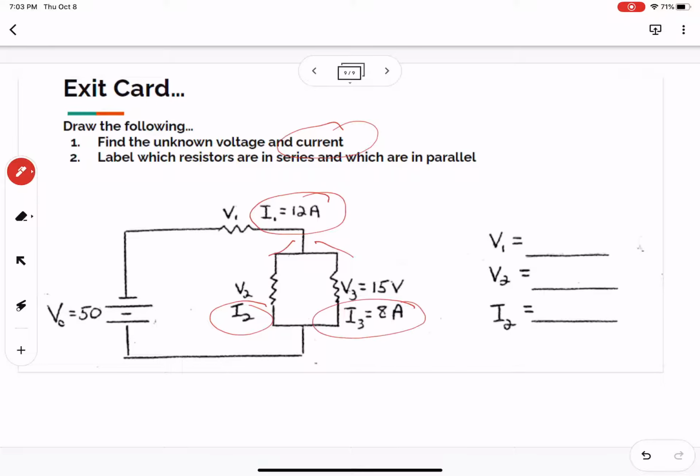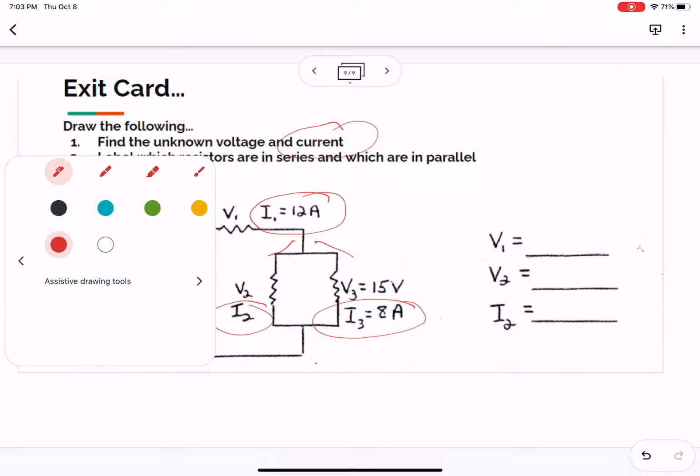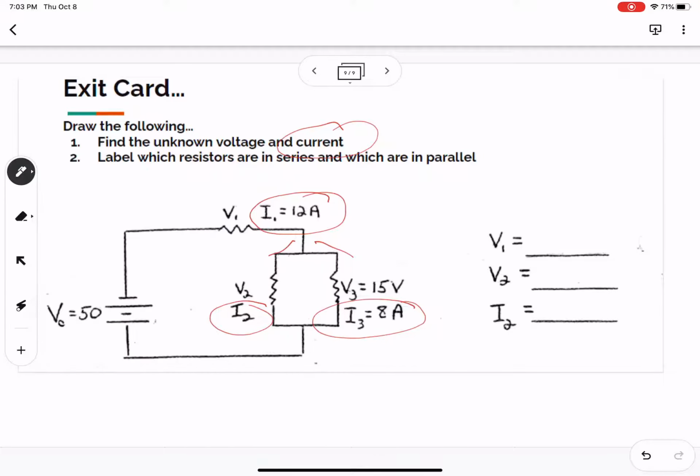To do this part, we need to remember that with Kirchhoff's laws, if you have a circuit that splits into branches, the current within those branches will equal what the original current was.